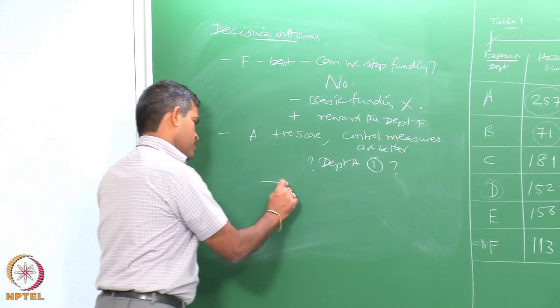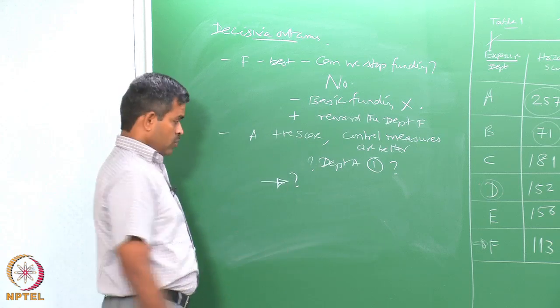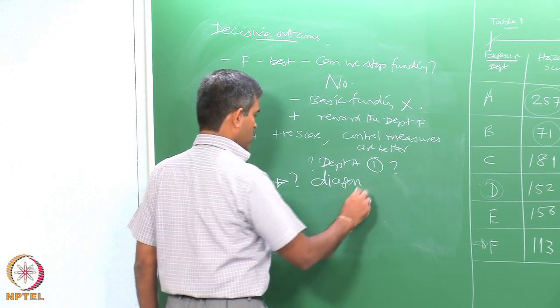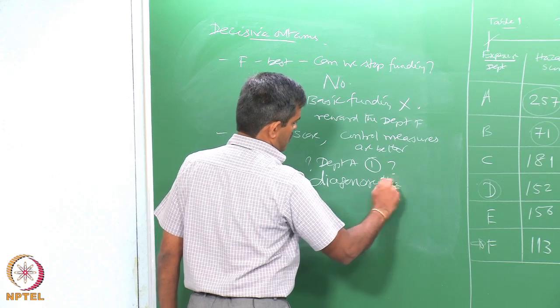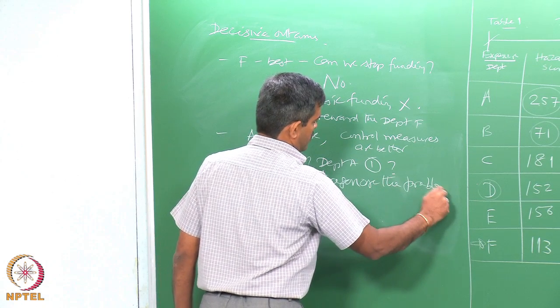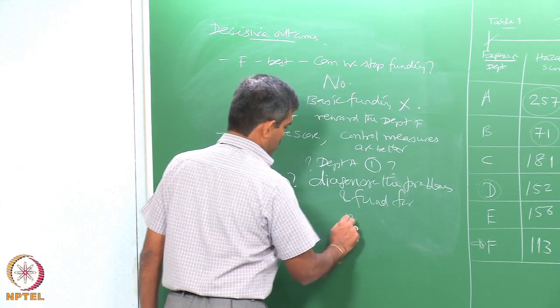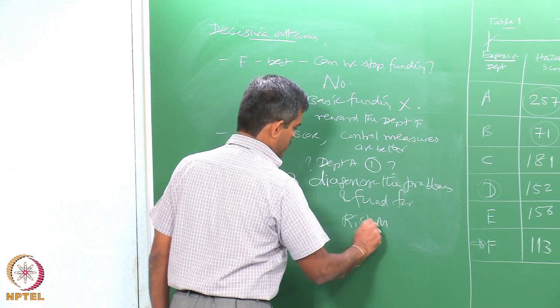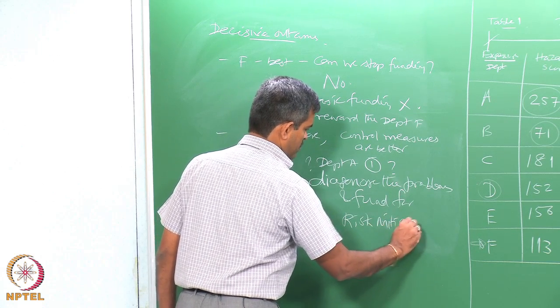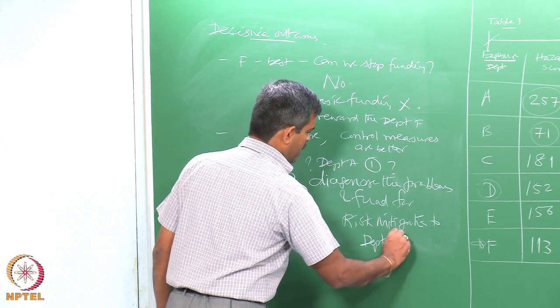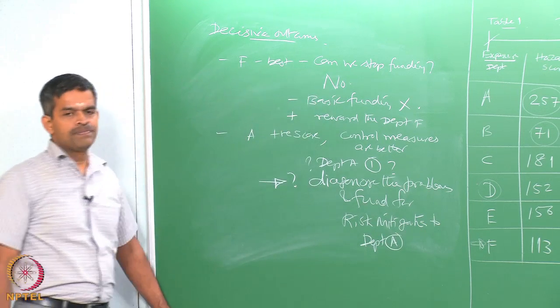So, it is very important. You have to diagnose the problems and fund for risk mitigation to department A. That is the second decision we can make.